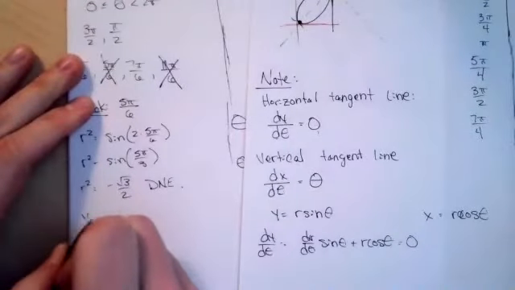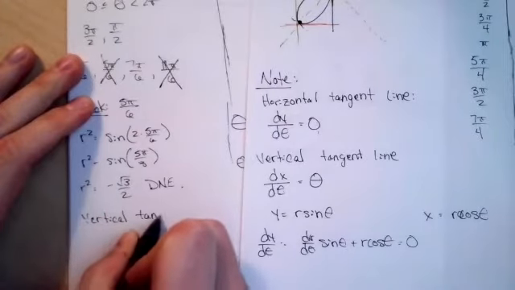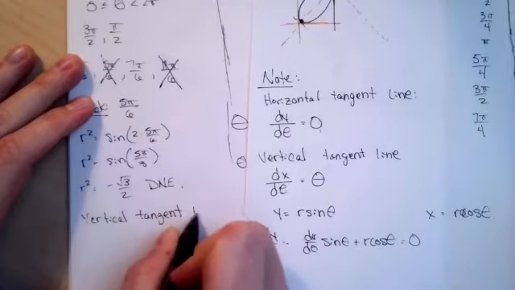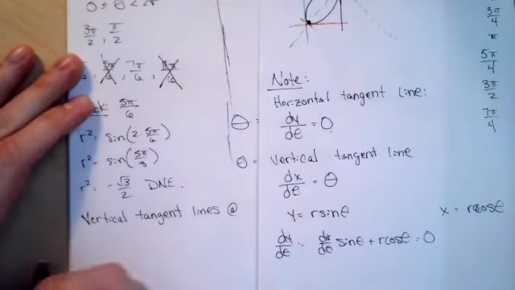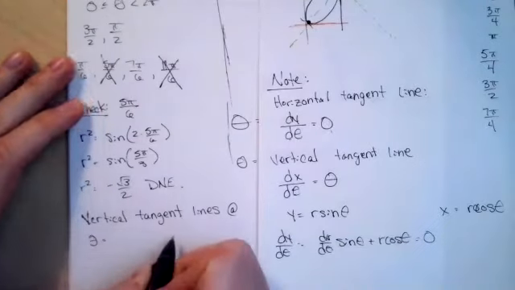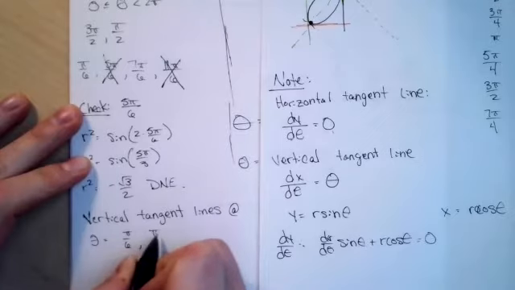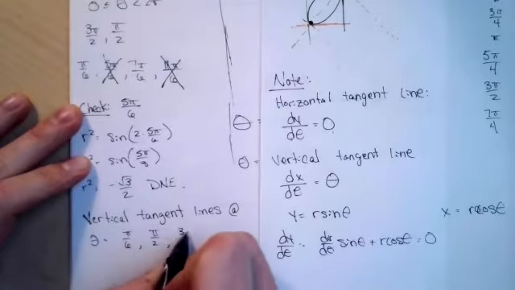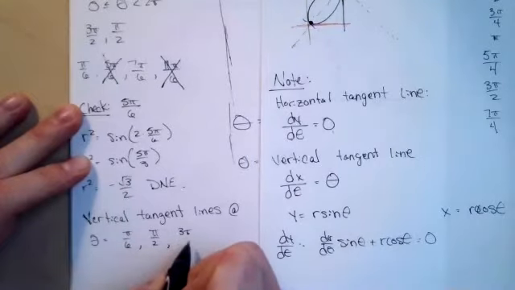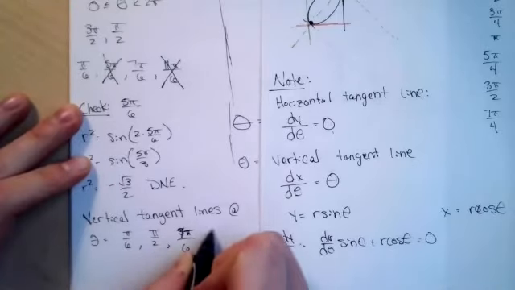So our vertical tangent lines are at, let's list them in order, pi over 6, pi over 2, 3 pi over 2. No, sorry, 7 pi over 6 comes next, right, if we were listing in order. 7 pi over 6, and then 3 pi over 2.